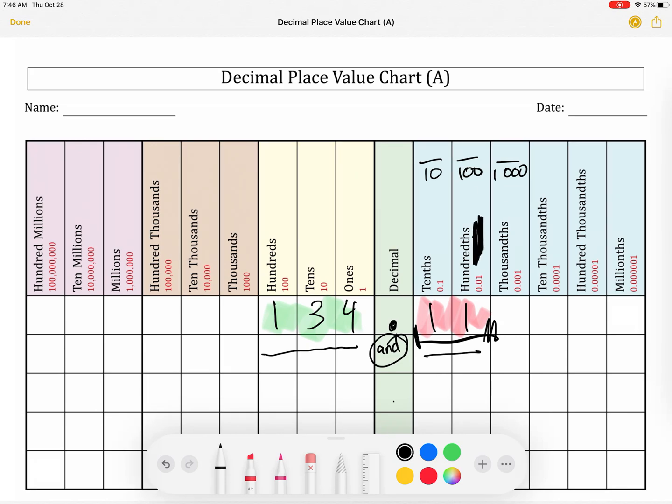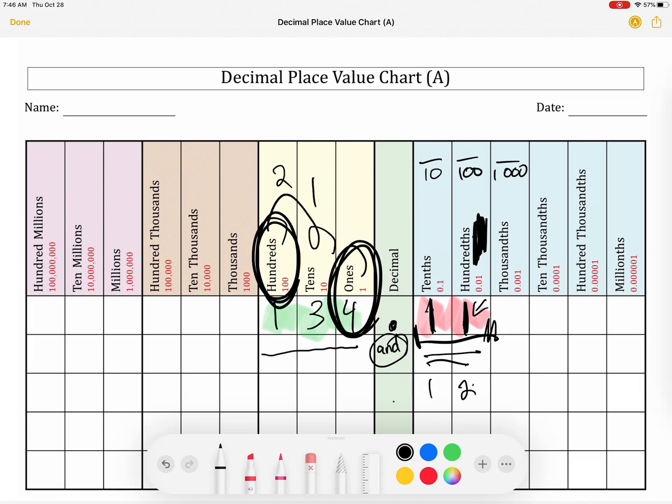Now notice why we're going to say hundredths. Because this last one here is in the hundredths place value, which is the second place value from the decimal. Remember, the ones is going to be our anchor, and then we go 2 decimal places, 1, 2, to get to the hundredths.